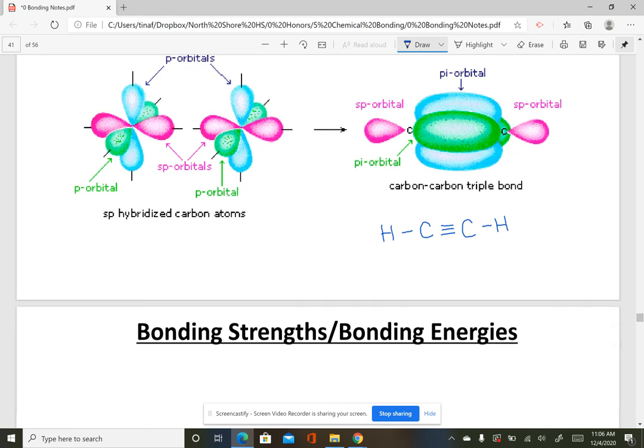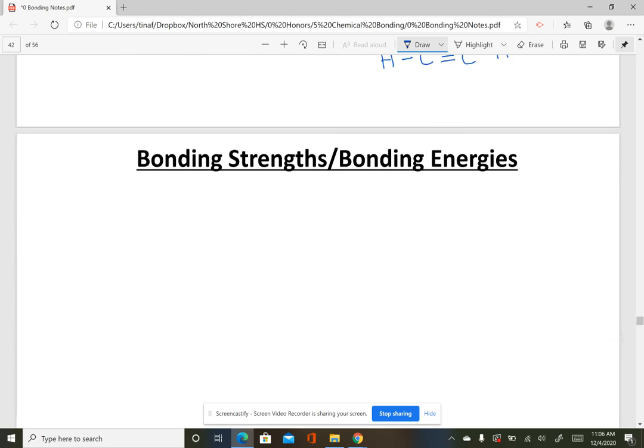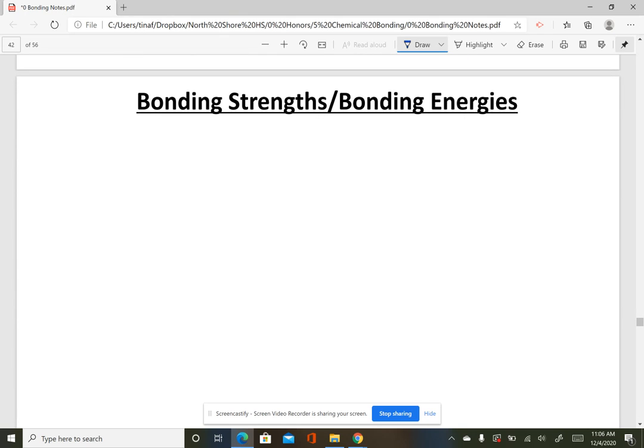Okay. All right, finally, guys, we're going to end this video by talking about bond strengths. When we talk about bond strengths and energies, we're talking about single bonds versus double bonds versus triple bonds. Notice that the amount of electrons being shared are different. When you look at single, double, and triple bonds, their sizes are different.